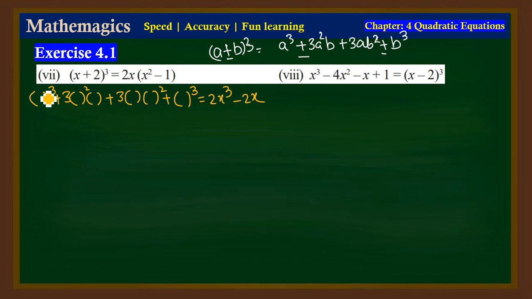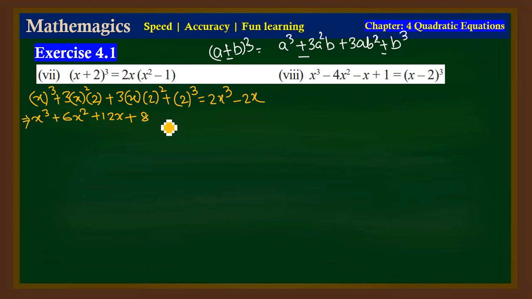Here we are going to plug in the values, x and 2. x into x to the power 3 becomes x cube, 3 into x square into 2, 3 times 2 is 6, so 6x square. Now 2 square becomes 4, 4 times 3 is 12, so 12x, and 2 cube becomes 8.